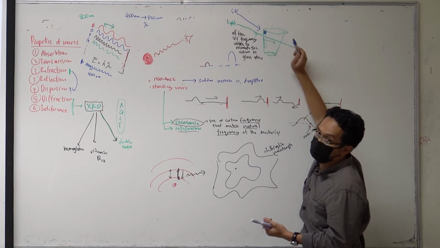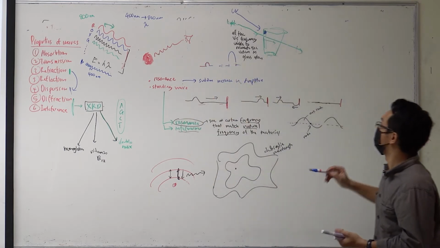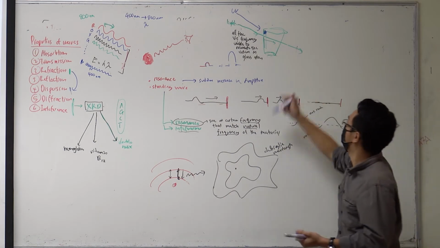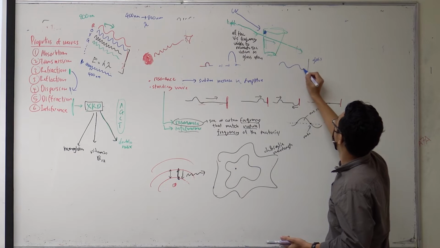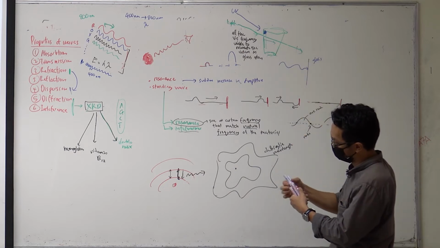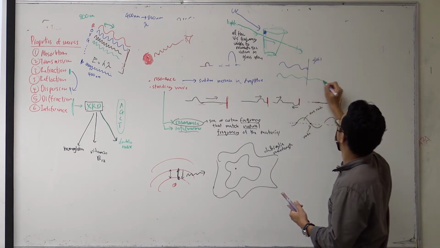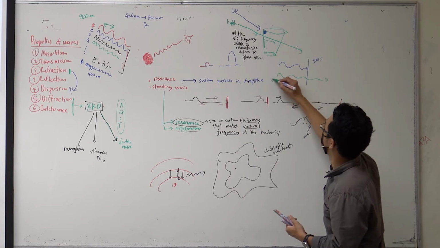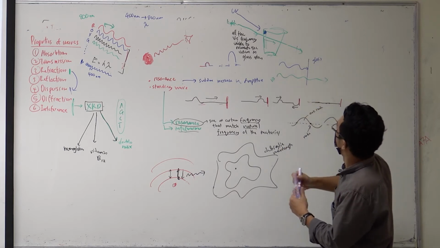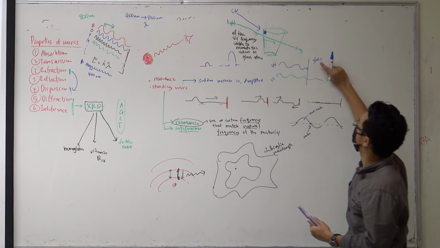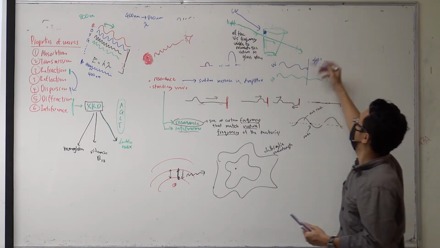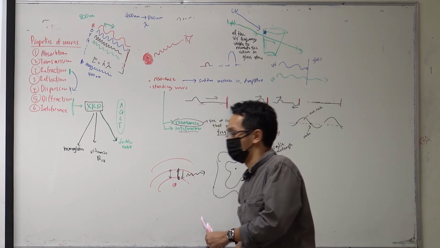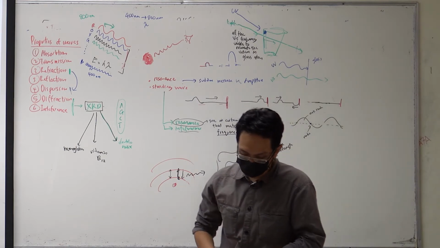So UV will not pass through the glass. If you have glass here and then you have UV, it will be absorbed. But visible light just passes through. So the reason is that UV is capable of being absorbed by the glass itself.